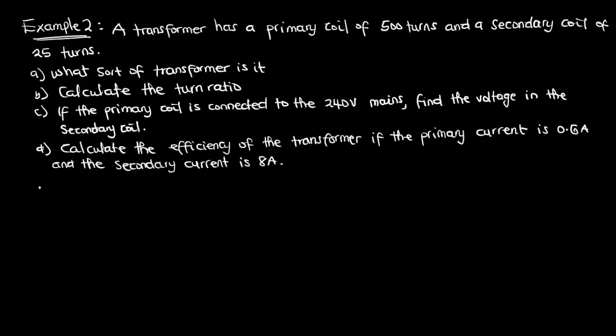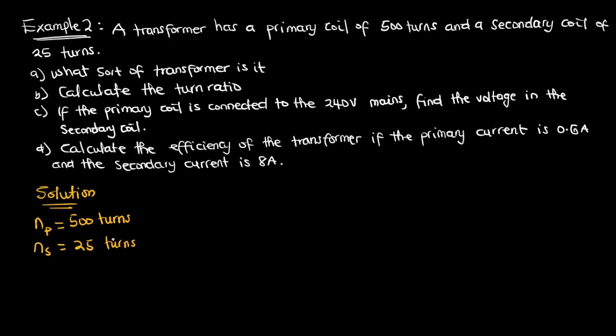Let's dive in. So we write down our solution. The transformer has a primary coil of 500 turns, so our number of turns in the primary, NP, is 500 turns. The secondary coil has 25 turns, so our NS is 25 turns.